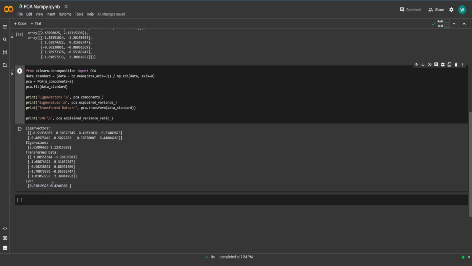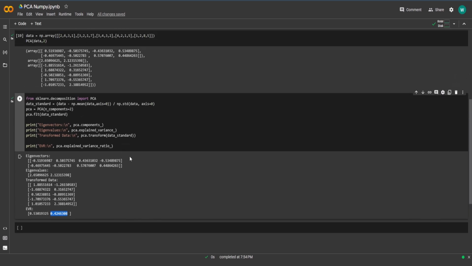So what this means is that the first principal component can explain about 53% of the variance in the data, and the second principal component can explain about 42.46% of the variance in the data. How high you want this depends on you, but obviously the higher, the better. So that's just another cool feature that explained variance ratio has.